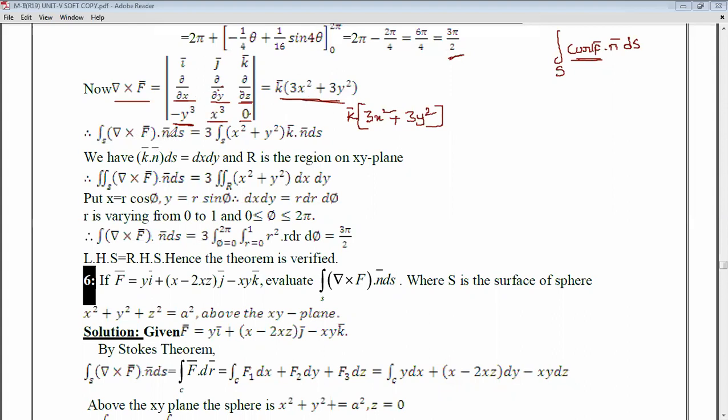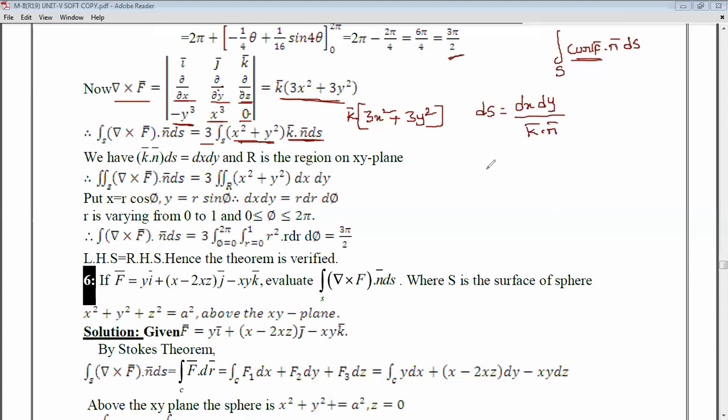And now curl f bar we got as 3 into x square plus y square k, and n ds. Okay, so here k bar dot n bar ds is equal to dx dy. So simply we are choosing the projection: ds is equal to dx dy by k bar dot n bar. This is right, or n bar dot k bar.